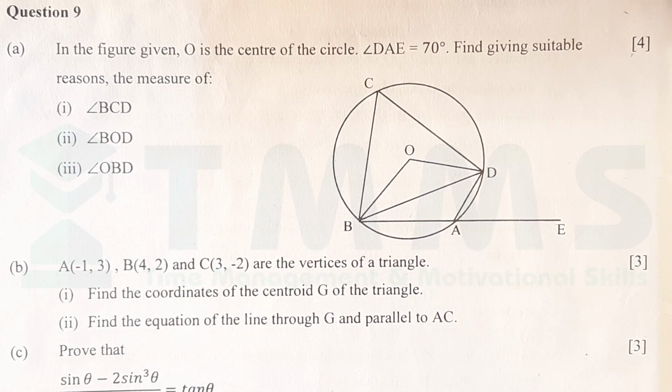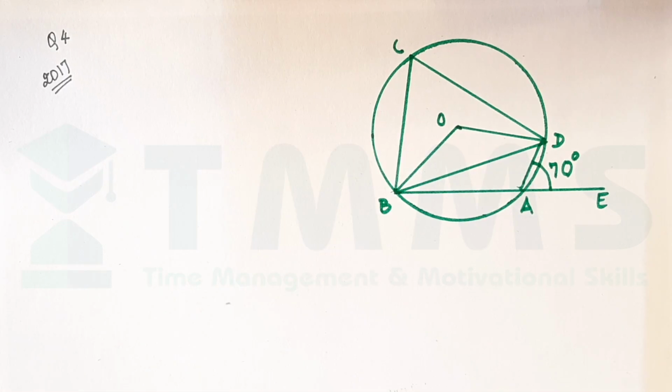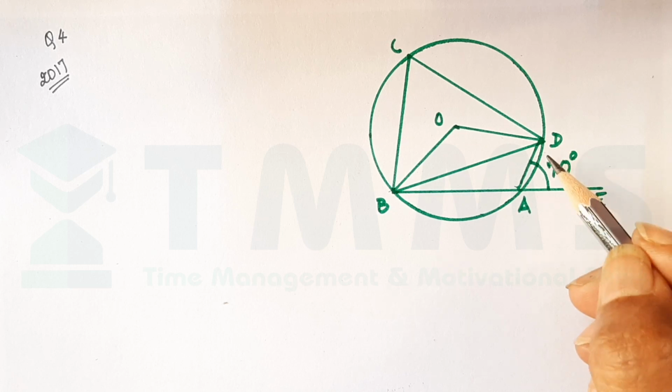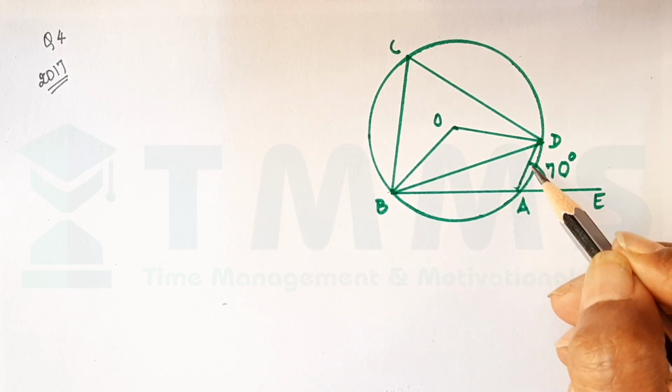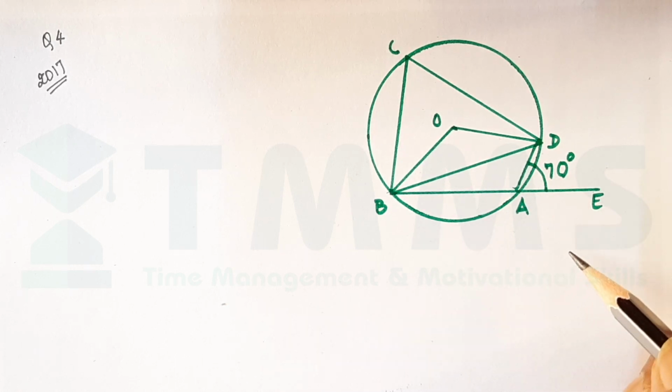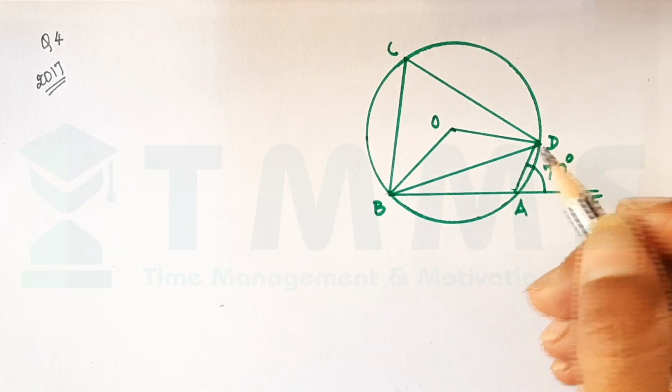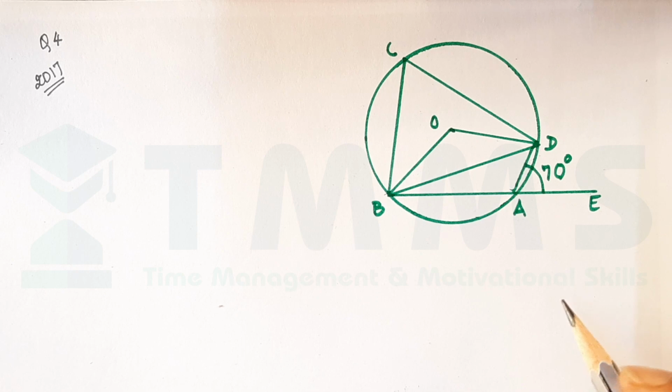So as usual, what we'll do, we will first draw the diagram in order to understand the question better. The first thing that we do over here is draw the diagram and mark what has been given. Only this 70 has been given, which means now we have to mark which are the angles to be found.